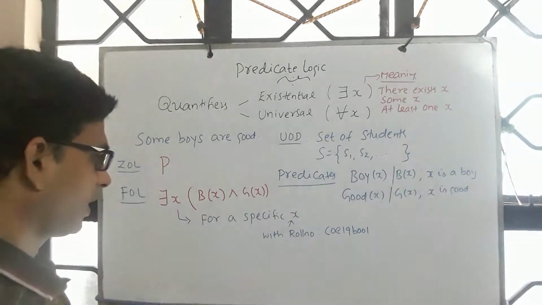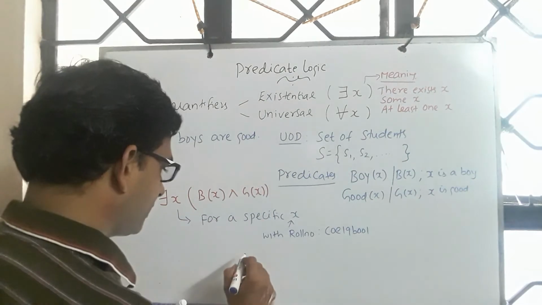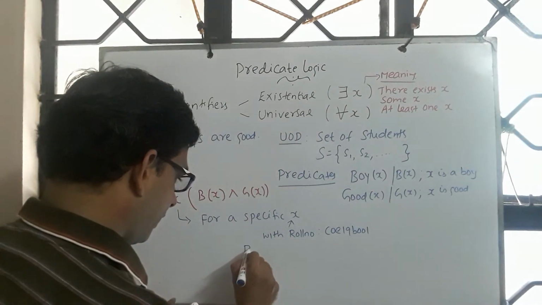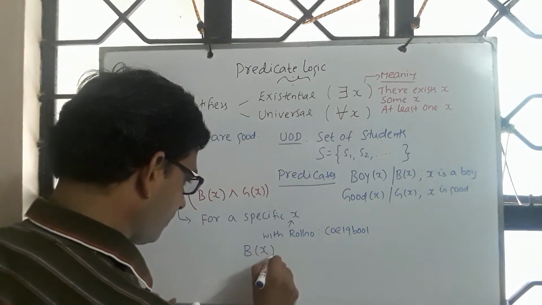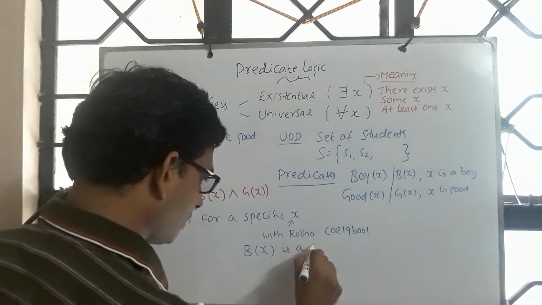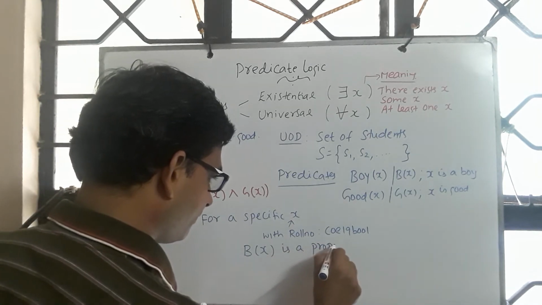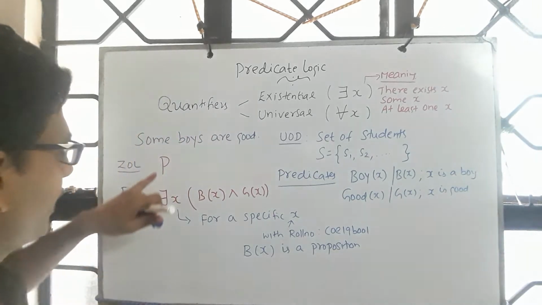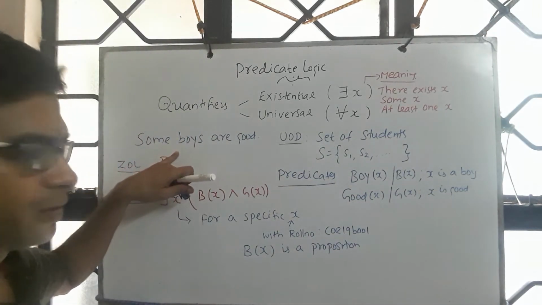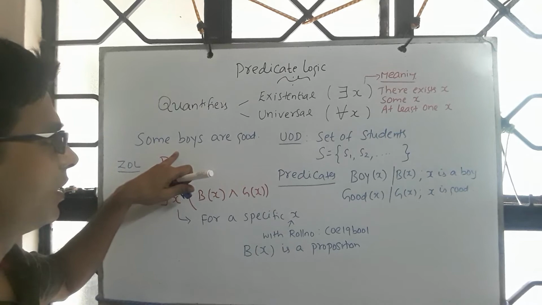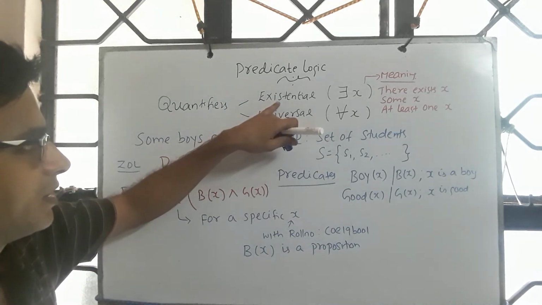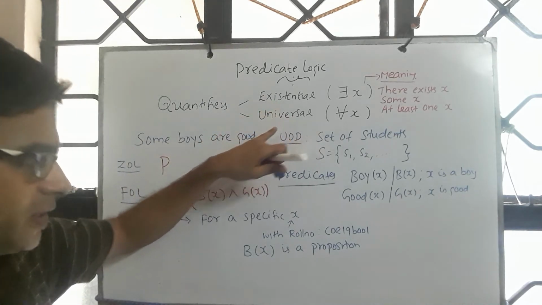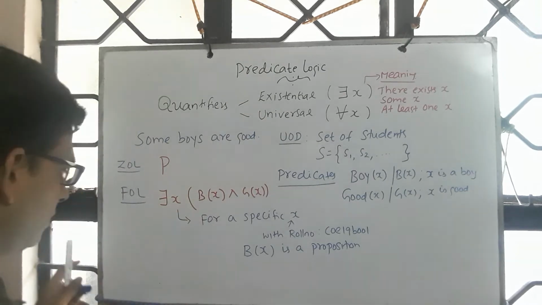Okay. So for a specific X, B of X is a proposition. Suppose I say COE 19 B001 is good, and I cannot use the existential quantifier or universal quantifier because it is with respect to a specific person.